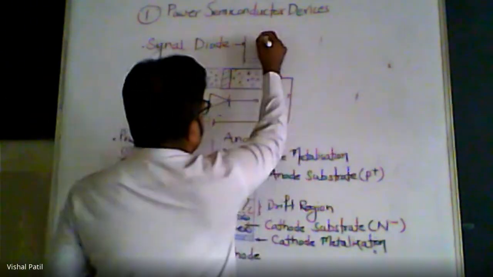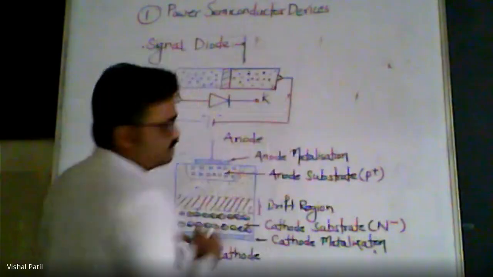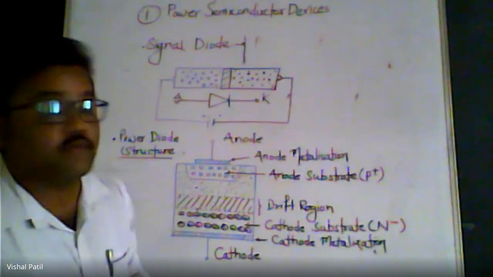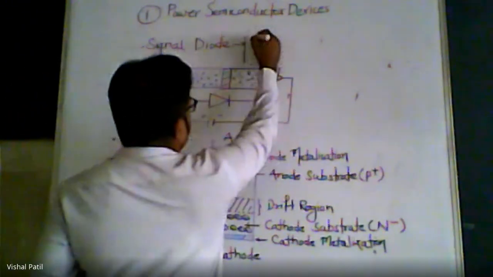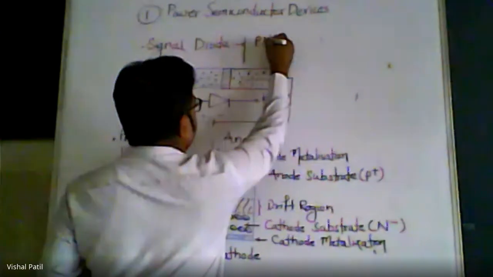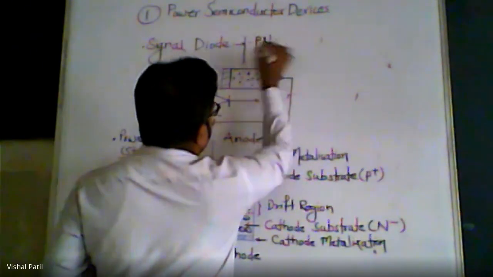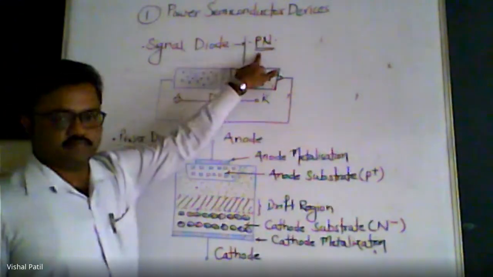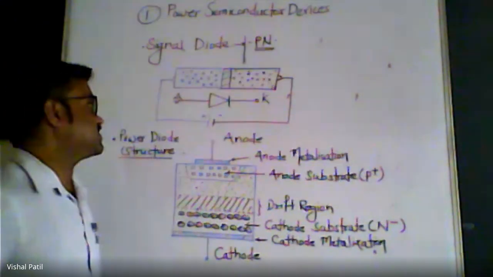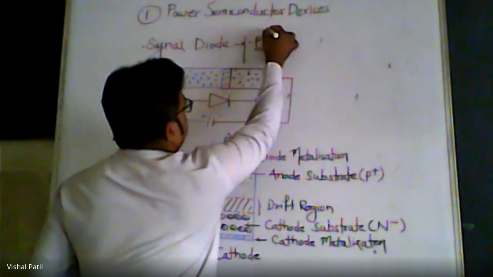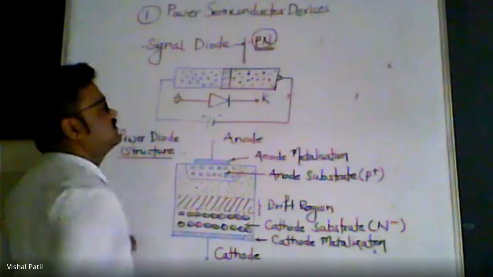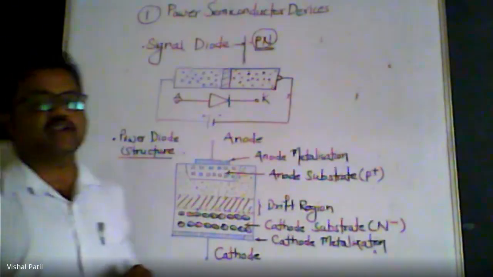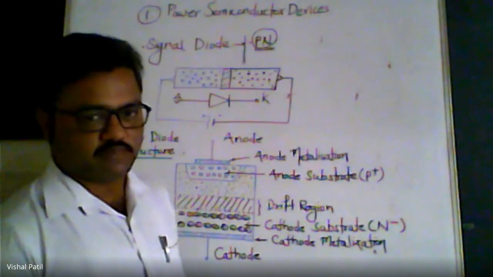We simply say p-n junction because the fundamental building block of any diode is a p-n junction. So we call it a p-n junction diode because the existence of the diode is because of the existence of the junction between p type semiconducting material and n type semiconducting material.